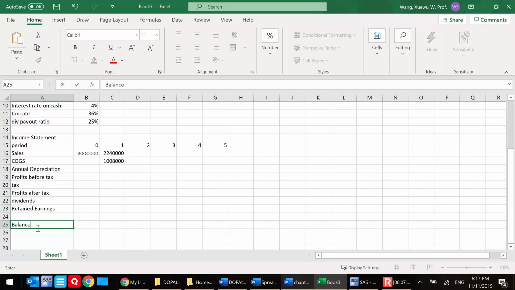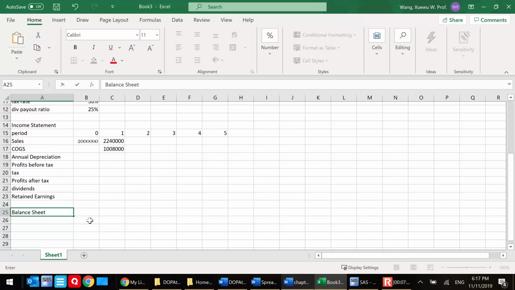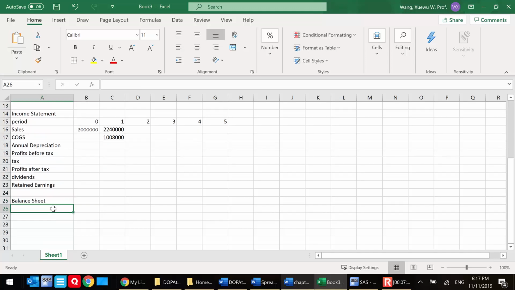And now I'm going to look at the balance sheet. The first item on the balance sheet is cash. The second item, well, this actually is the asset side. You have current assets and you have fixed assets.